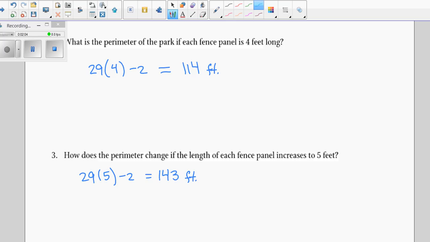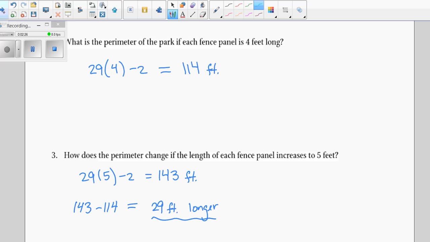We had 114. So we want to know how much we increased. Well, if we take our new length and subtract our old length, we get a difference of 29 feet. So that means that our perimeter is 29 feet longer. We're going to use this idea in today's section.